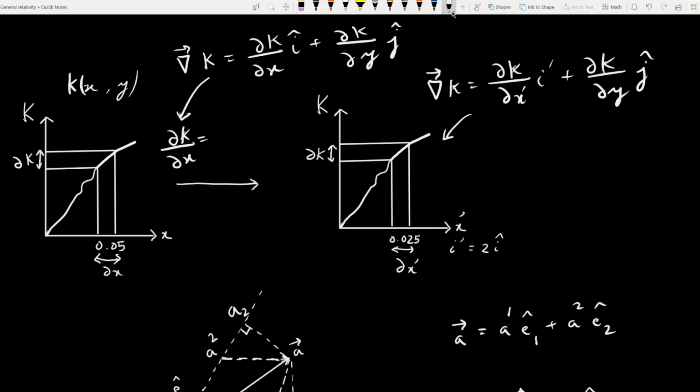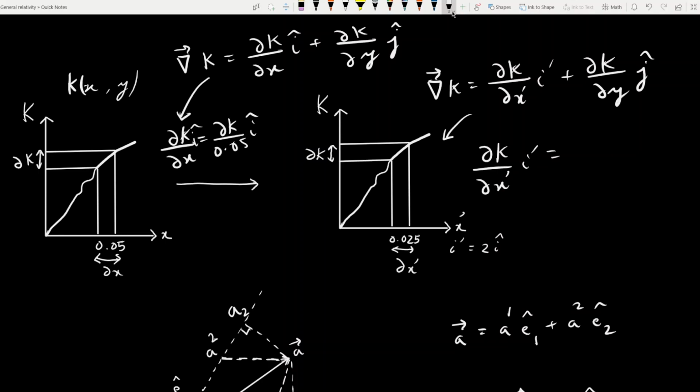So this is just the change in k over the change in x, 0.05, in the i hat direction, right? And the same, change in k over change in x prime in the i prime direction.